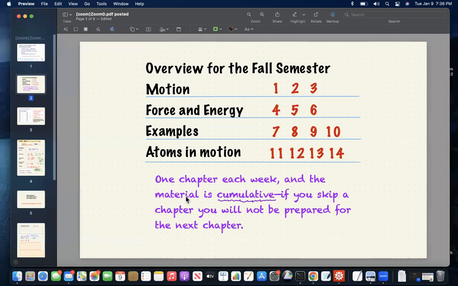So if you get COVID and you miss one of the chapters, when you get over COVID, you're going to have to go back and read the chapter you missed, because you're going to need that. So we divide the exams into one exam each month or so, so you can kind of keep up. Each of these topics will take about a month.